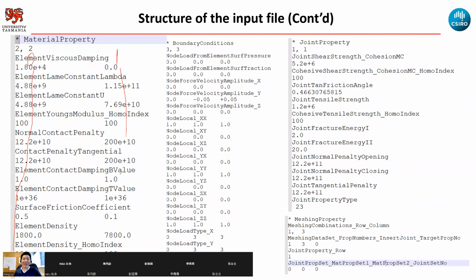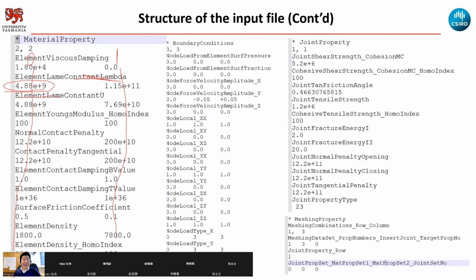Then I will specify the physical mechanical properties based on this label. If it is 0, I specify the elastic modulus and the Poisson's ratio. Here, this is the lambda, and that is the mu.